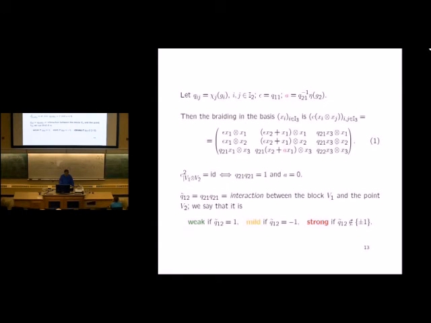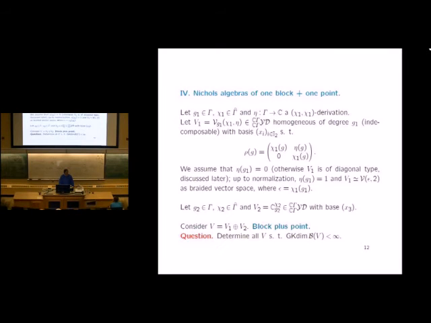So let me write down explicitly the braiding in this basis. Yes, exactly. This is a mistake. Ivan pointed this mistake out to me, but I forgot to fix it. Okay? Because I do not want to be in the diagonal case.